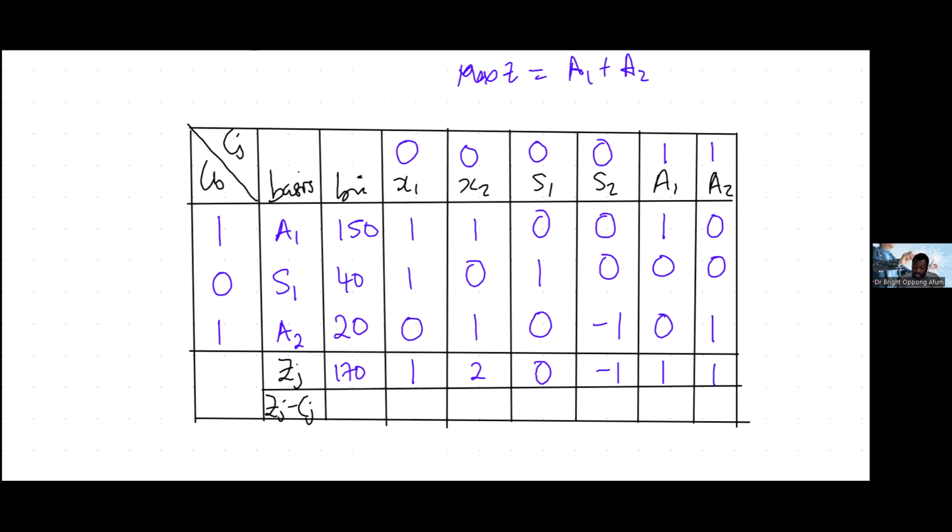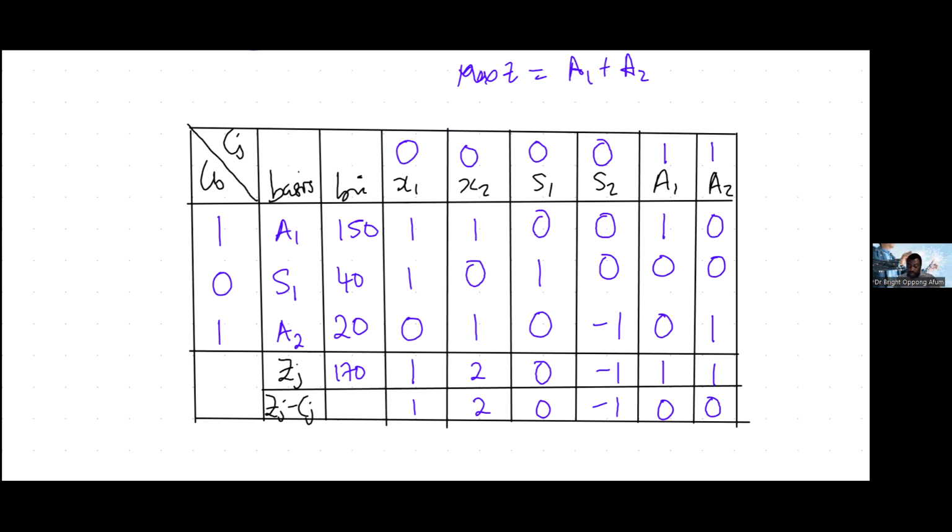So Zj minus Cj is 1 minus 0 is 1. 2 minus 0 is 2. 0, 0 is 0. Negative 1, 0 is negative 1. 1, 1 is 0. And we expect to have A1, A2 at least being 0, right? Because they are the solution basis and also the S1 being 0.